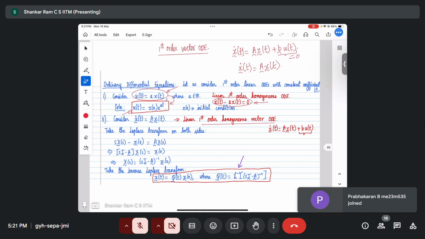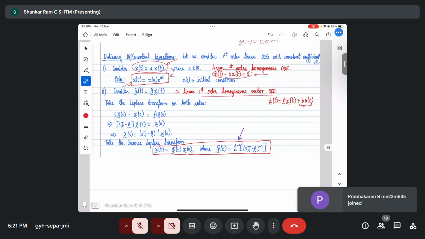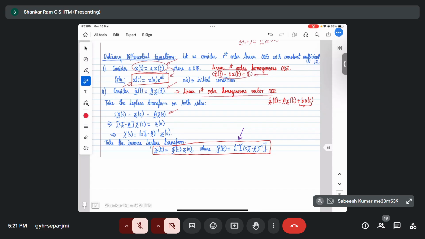So that's why we are considering this to be the linear first order homogeneous vector ODE. Now, if we want to solve this equation, we use the Laplace transform. Of course, we don't take zero initial condition because we are not finding the transfer function; we are only finding the solution for non-zero initial condition. So finally, we get the solution x of t to be some function phi of t times x0.